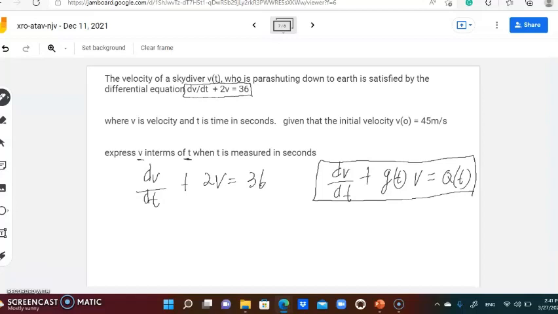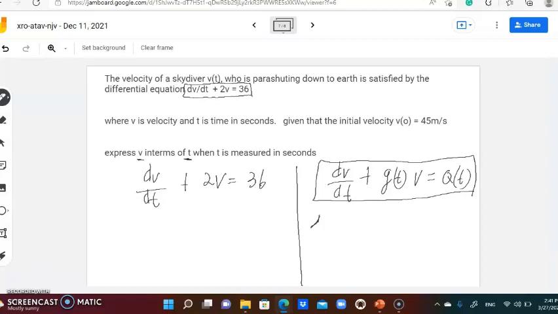Looking at this differential equation, we realize that it is not possible for us to express v in terms of t by using separation of variables. And so what we have to do is find our integrating factor.